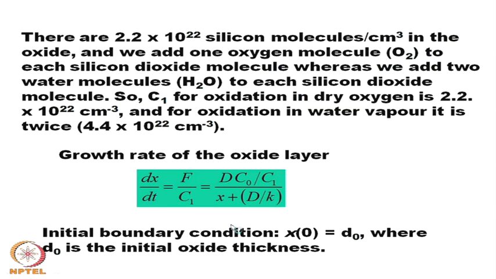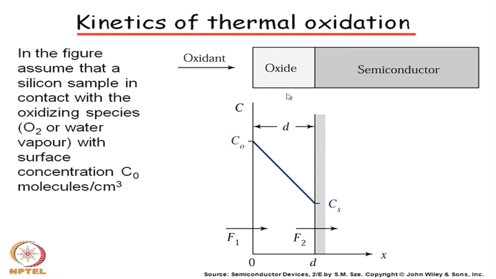So what we are doing: first we have taken a semiconductor and we have considered that a d0 oxide layer is there at t equals 0. Oxidizing species are coming on the surface of the oxide layer having surface concentration C0. These oxidizing species can be water vapor, steam or dry oxygen.